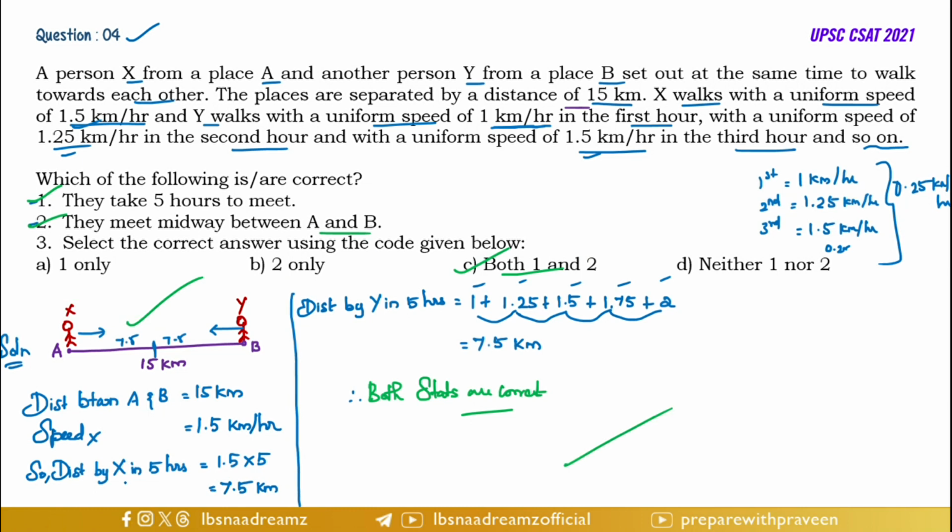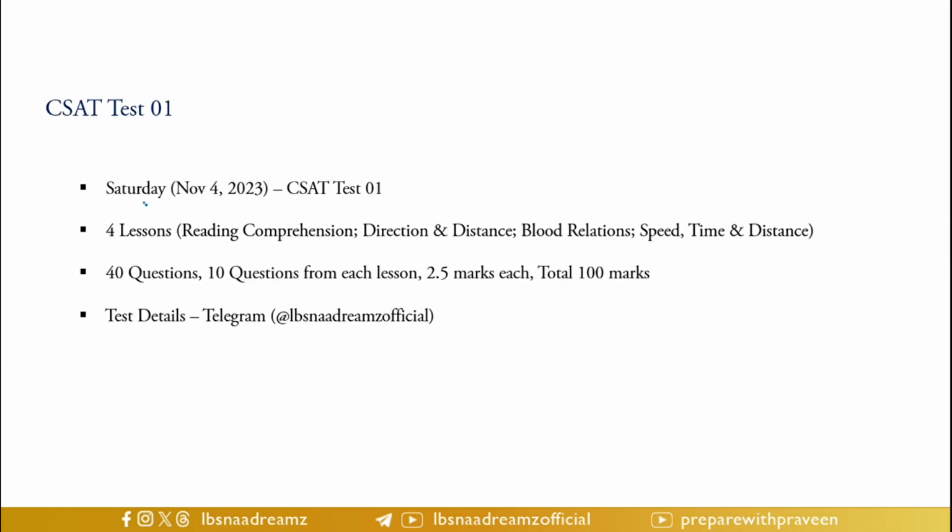So with this, we are coming to an end of our lesson 4, that is speed, time and distance. On this Saturday, that is November 4, 2023, there will be no class. Instead of that, we will have our CSAT test number 1. We have completed 4 lessons, right? Reading comprehension, direction and distance, blood relations, speed, time and distance.